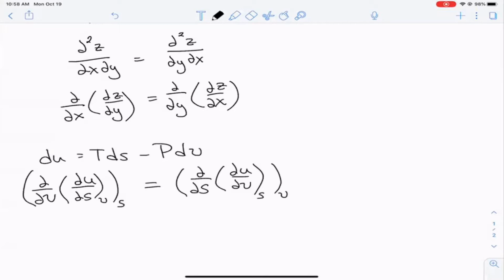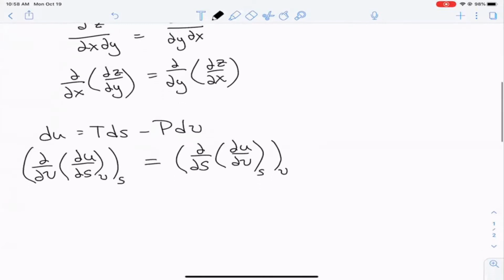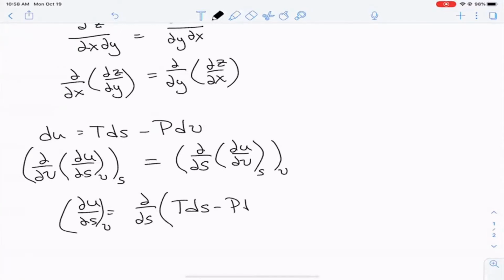Now I'm actually going to use the differential. From the differential, dU dS at constant volume equals d over dS of TdS minus PdV at constant volume.